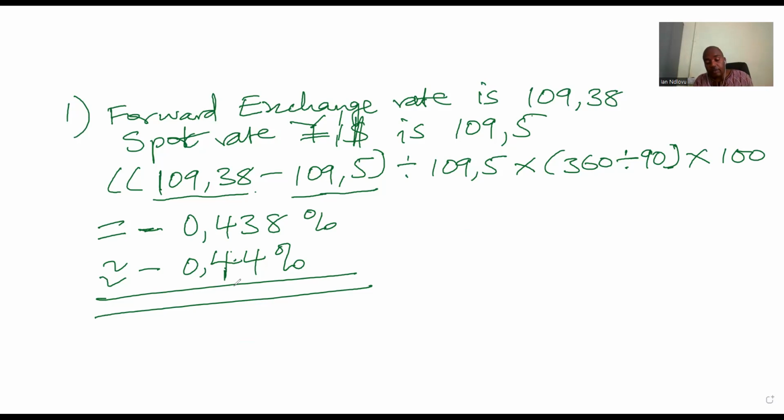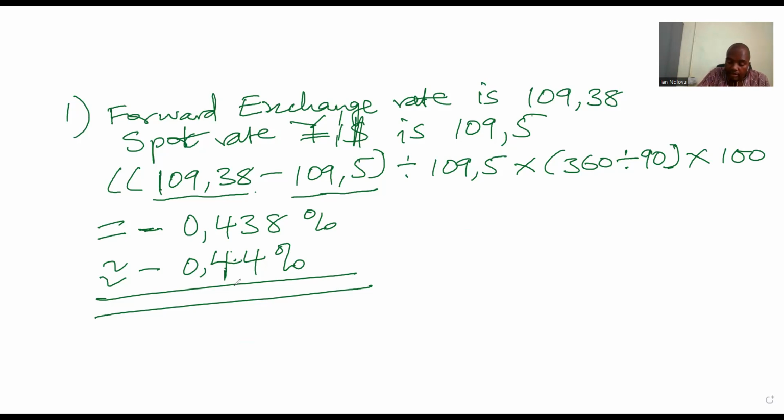In the previous scenario, it was trading at a discount. But in this instance, it will trade at a premium because its forward rate regarding the US dollar is less than its spot rate.